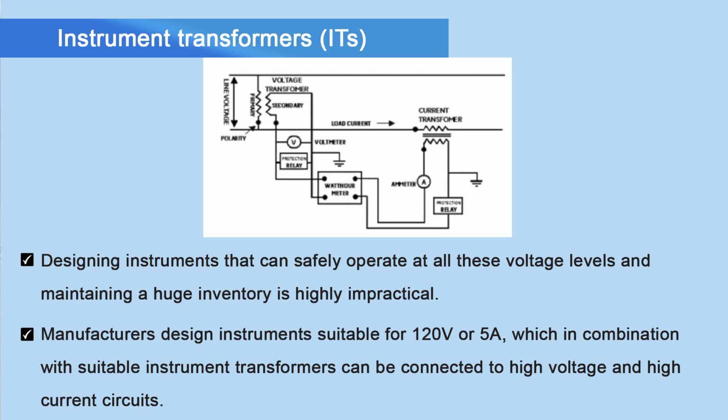To cater to this problem, the manufacturers design instruments suitable for 120 volt or 5 ampere, which in combination with suitable instrument transformers can be connected to high voltage and high current circuits. So the usage of instrument transformers serves many purposes: for measurement, for protection, and for economic viability. All these issues and challenges can be catered to by using instrument transformers.